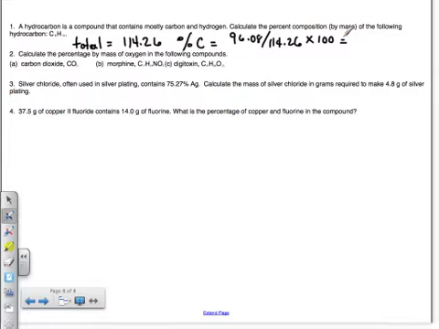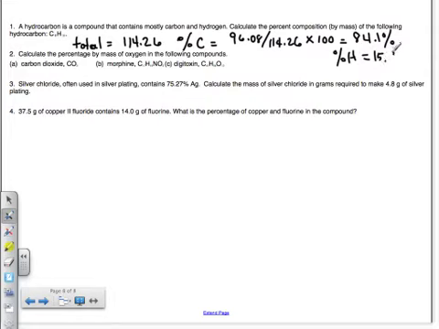And that's 84.1%. Now if I wanted the hydrogen, I could take the 18.18 divided by the total, or subtract the 84.1 from 100. And the hydrogen part should be 15.9.